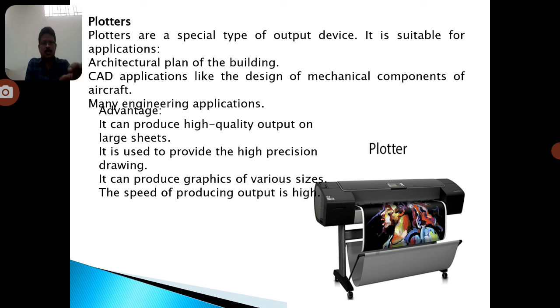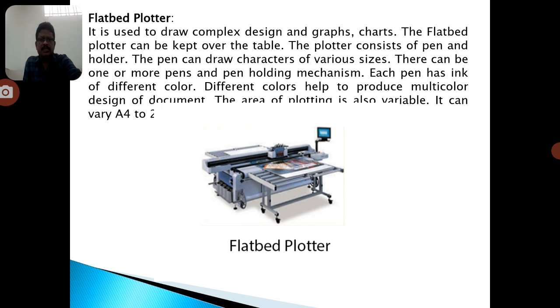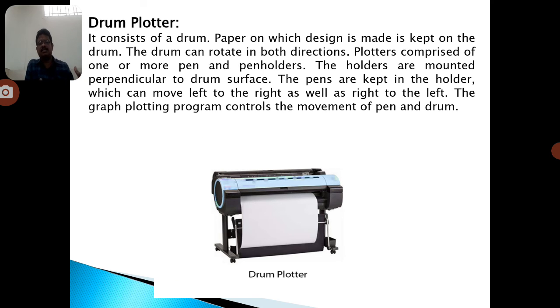These plotters are divided especially into two types: one is the drum plotter and the second is the flatbed plotter. A drum plotter is arranged with a drum, and we can print a lengthy page, that means a continuous page.